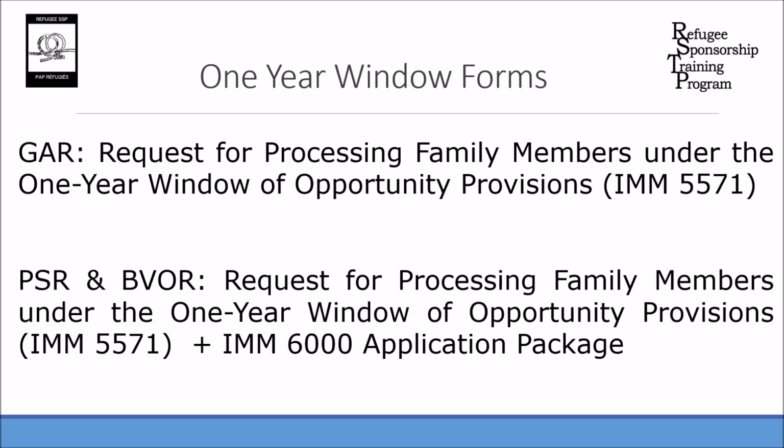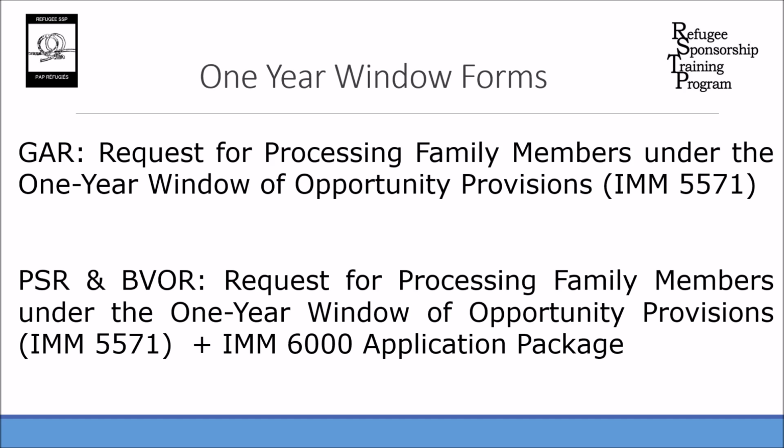If the applicant came to Canada under the PSR or BVOR program, they would need to complete the same form, the request for processing family members under the one-year window of opportunity provisions, IMM 5571, plus the IMM 6000 application package. So in terms of the IMM 6000 application package, it would be a generic application form, a Schedule A, and a Schedule 2.